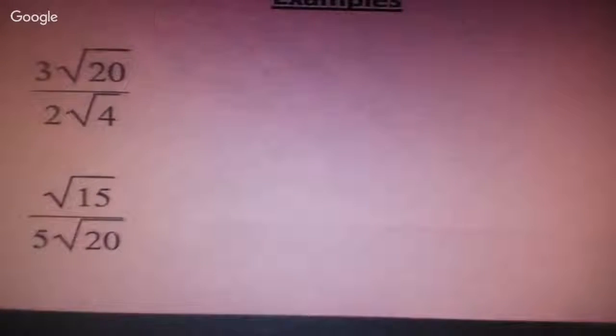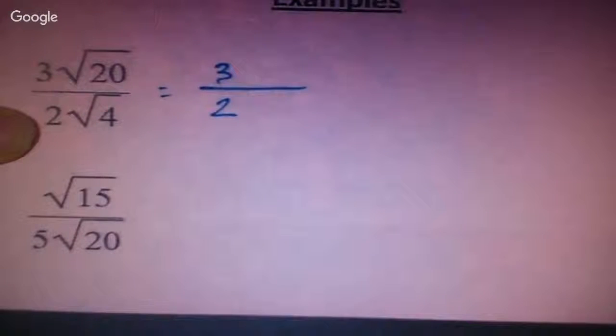Okay. So here's my 2 examples. So step 1 says simplify the coefficients. What's my coefficient? The 3 and the 2. Does 3 over 2 reduce down at all? No. So we leave it as a 3 and we leave it as a 2.